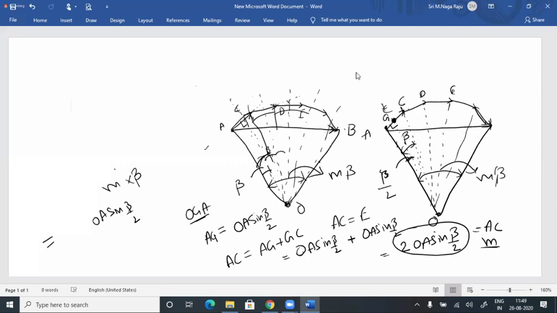Arithmetic sum. Yes, very good. We have calculated the magnitude of EMF induced in AC, and we have added all these conductors, all the slots per pole per phase. So M into 2 OA sine beta by 2 is the arithmetic sum. Now what is the vector sum?